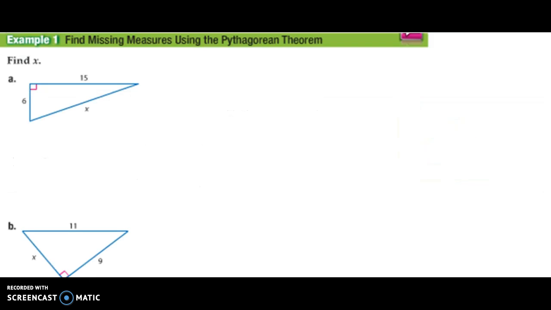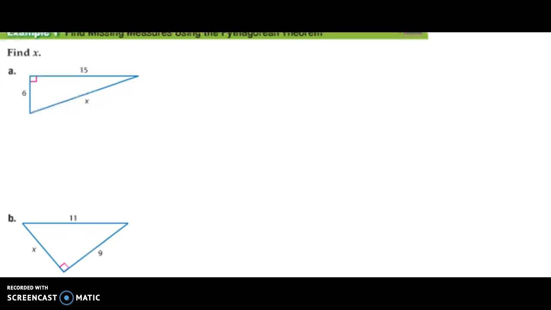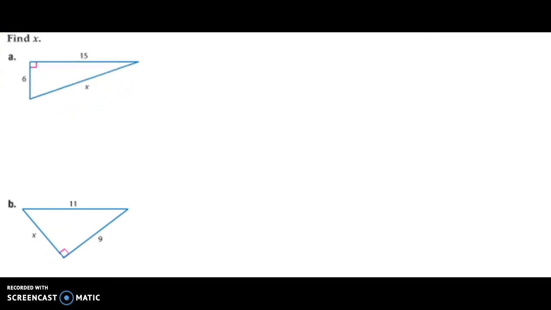So we can use that to find our hypotenuse, and actually we can use it to find any length of the legs. So if I look at example 1, it says that I have one leg that's 6, we'll call that A, one leg that's 15, we'll call that B, and then we have the hypotenuse C that we don't know. So we'd say A squared plus B squared equals C squared.